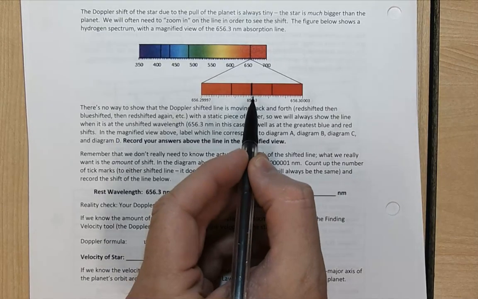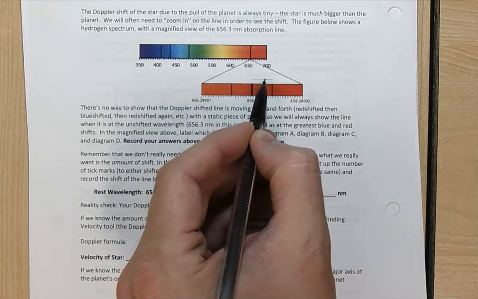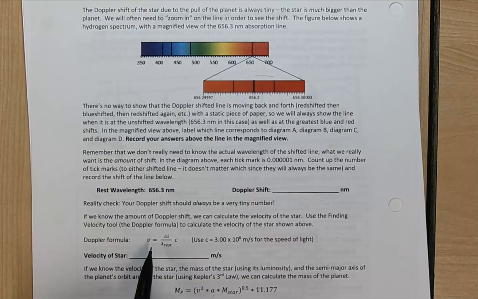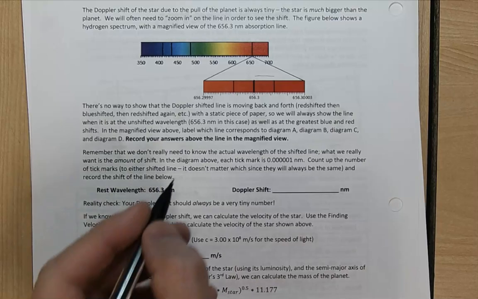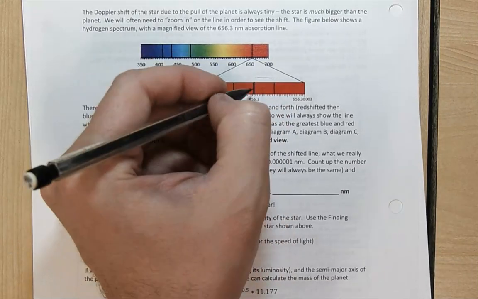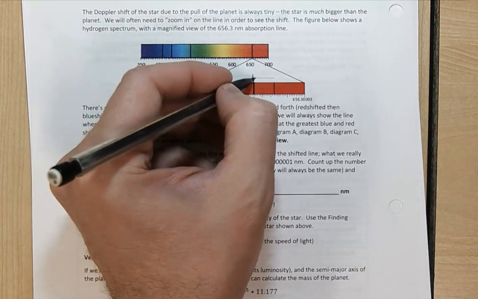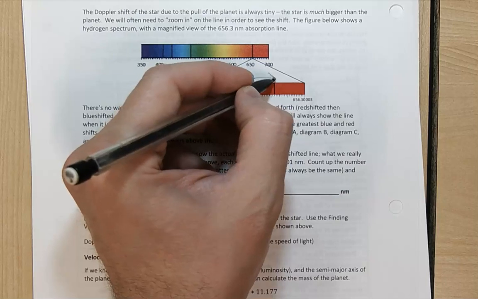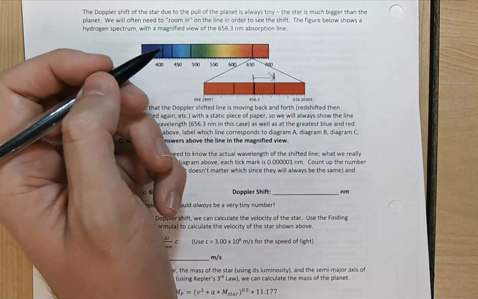Okay, well, we've got the exact same question as when we were doing the Doppler shift before, where you say, okay, the velocity of the star is the shift in the spectrum divided by the rest frame wavelength of that line times the speed of light. So, shifted from where to where? Shifted from the center out to the point where the spectrum is redshifted the most.